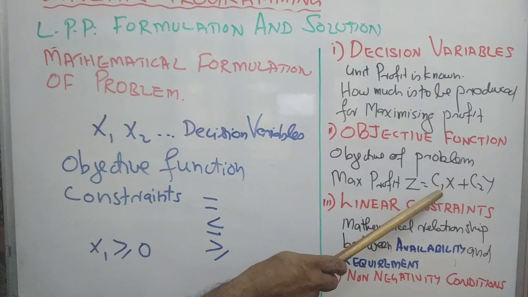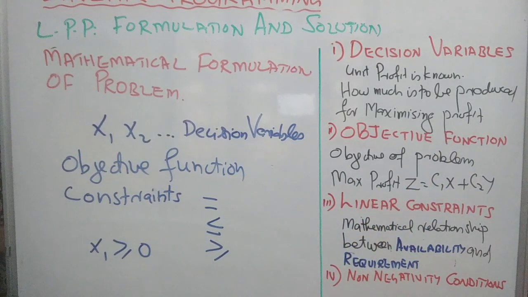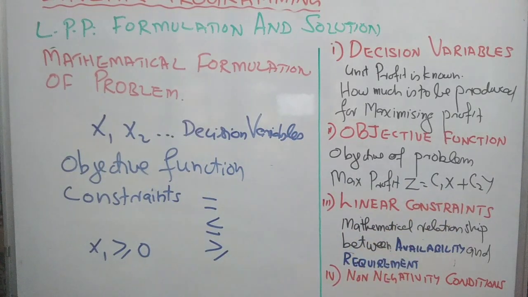Z is expressed as C1x plus C2y, where x and y are the variables whose values are to be decided, and C1 and C2 are the profit coefficients. Usually they are known. So the objective function is a linear function of the form maximize Z equal to C1x plus C2y.